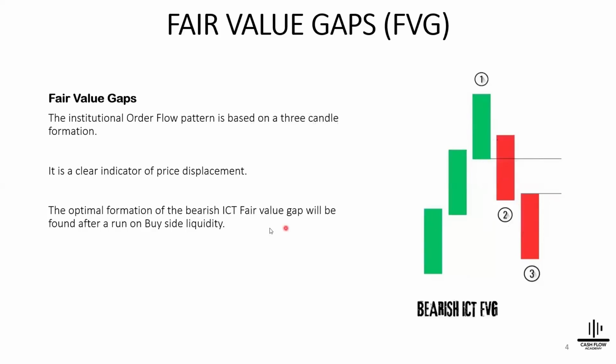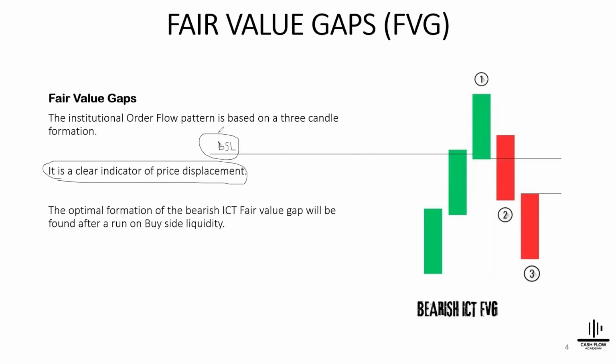The optimal formation of the bearish ICT fair value gap will be found after a run on buy-side liquidity. And the best time you want to see the fair value gap is when market has run liquidity, the buy-side liquidity. Like I mentioned before, displacement tells you the direction market is likely to go. And one way to know that there's displacement is the creation of a fair value gap.